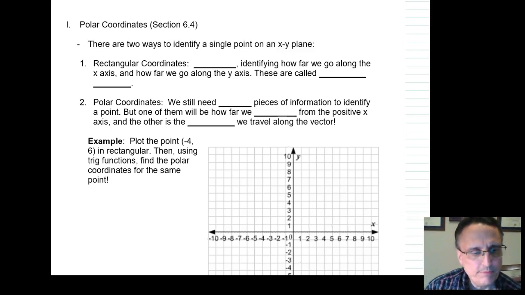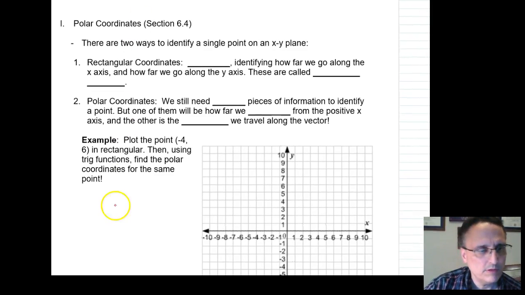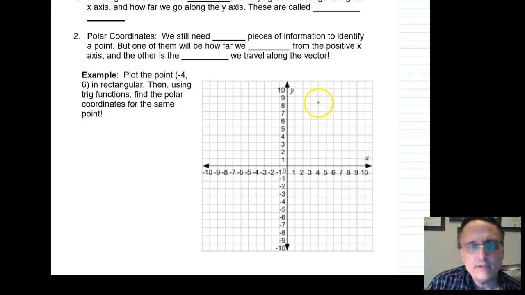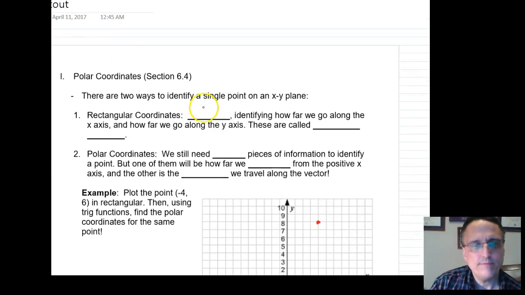Now if we're talking about a point in the XY plane, like what we've got here, any single point in the XY plane, like that point there, which would be 4, 8, we can define that using an ordered pair, and we put this normally in the form of x, y.